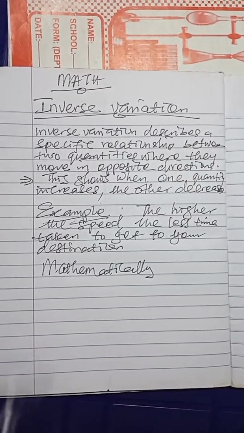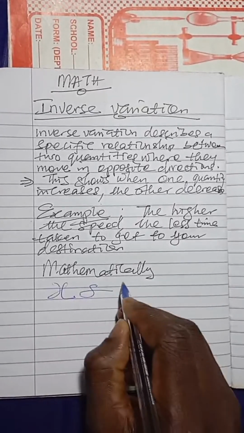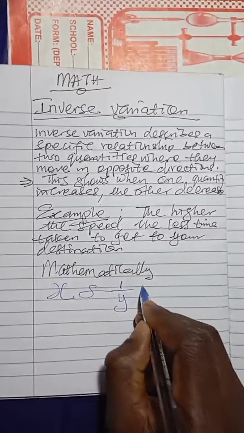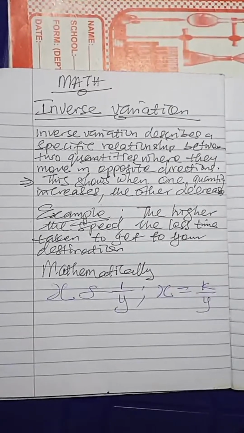Now, mathematically, you notice that x varies inversely as 1 over y, so that x will be k over y.